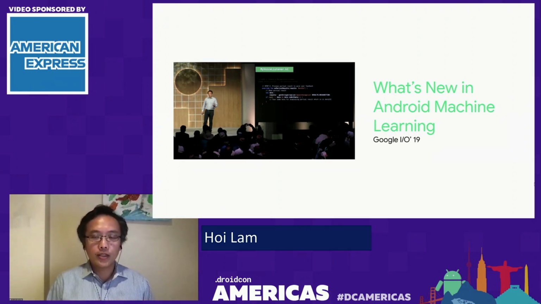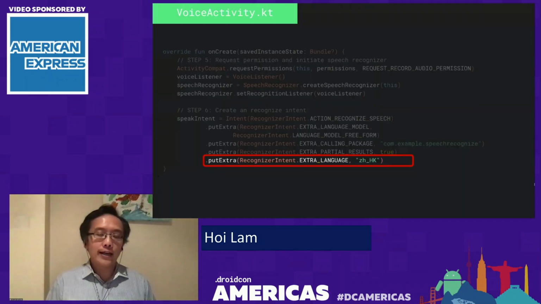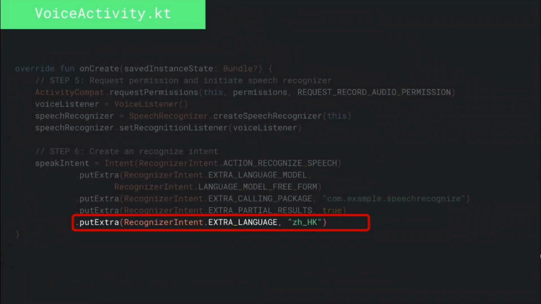But one thing that I do want to highlight is the very wide array of languages that these APIs do support. As I said before, I come from Hong Kong, and we speak a slightly different version of Chinese, which is Cantonese, and that is supported. It is spoken by 7 million people in Hong Kong, maybe in wider China, maybe about 60 million.